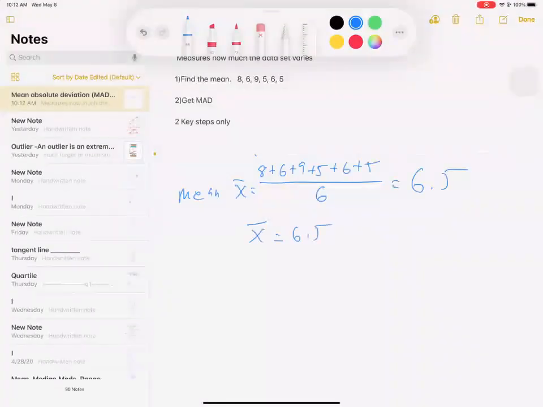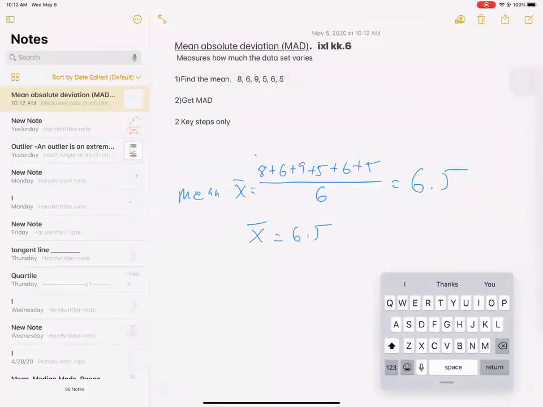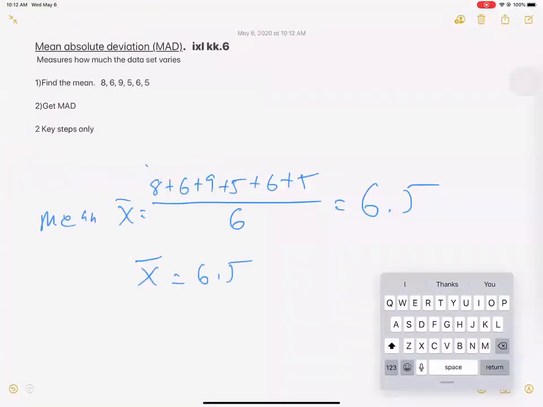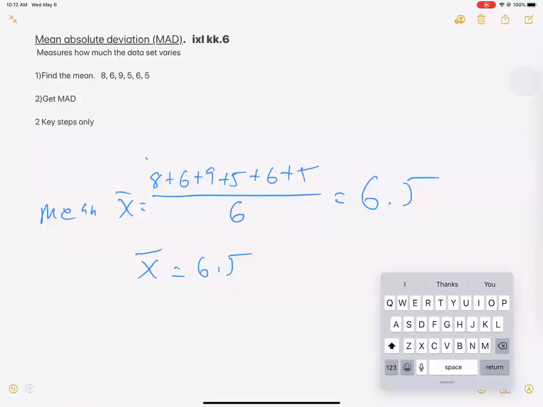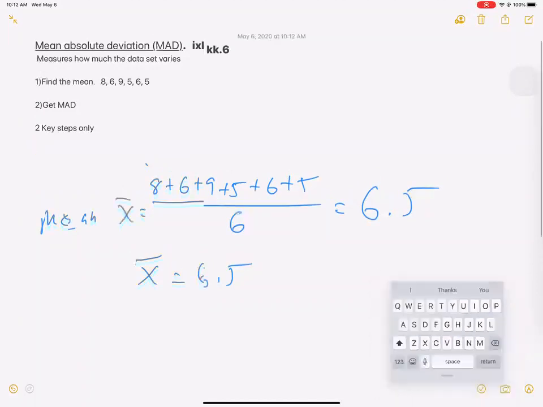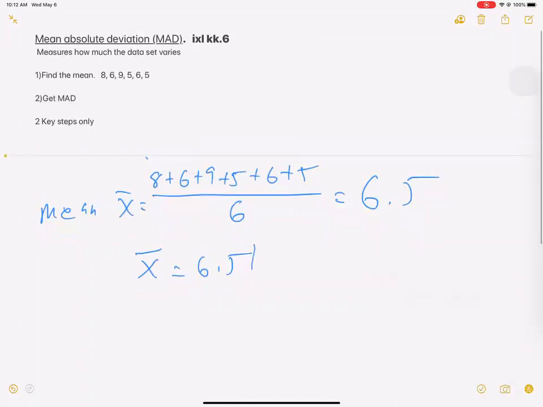Now, our goal is to figure out, when it comes to mean absolute deviation, the word deviation is the important part of that. To deviate is to change. So our idea is how far are our values away from that average value. Oftentimes when you get a test, you'll say, hey, what's the average?